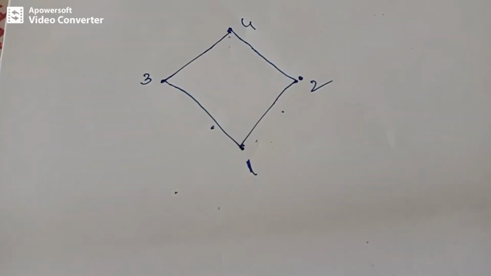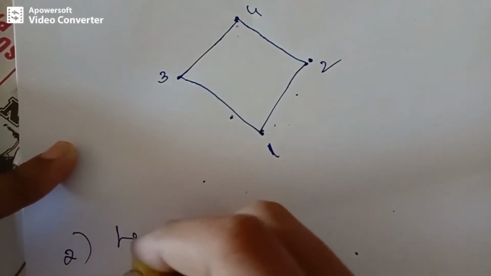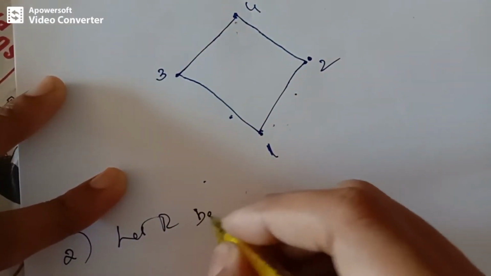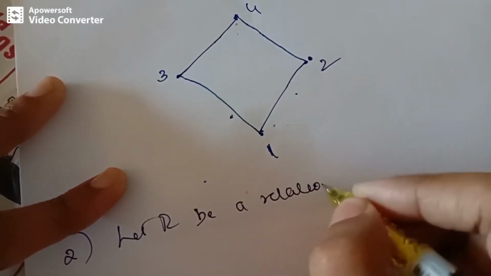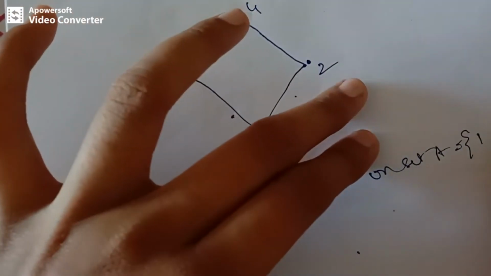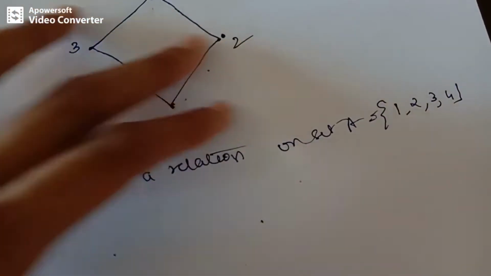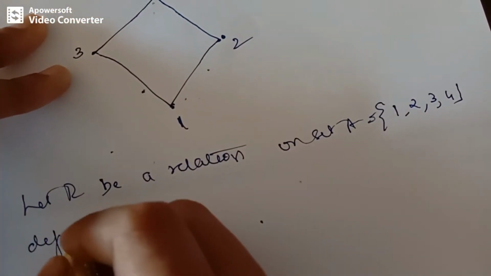So coming to the next problem, which is quite similar. Let's see how this can be solved. Let R be a relation on the set A. A is given to consist of the elements 1, 2, 3, 4.